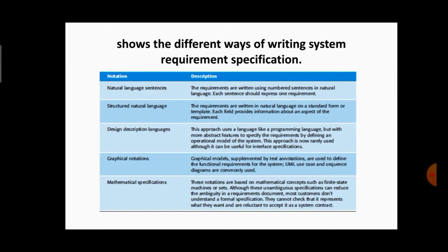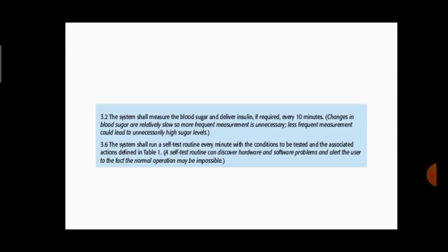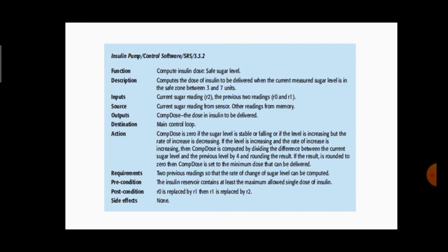I explained it, right? There I used a template. So I can use a proper template. For example, see, this can be the example of a template. Instead of writing simply the text, I can use a template and express my requirements. Right?